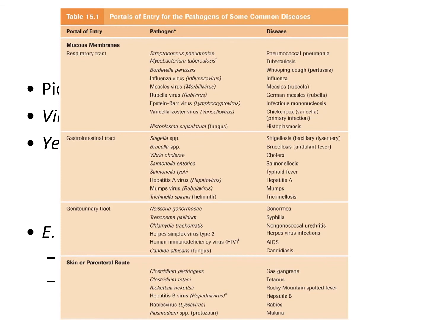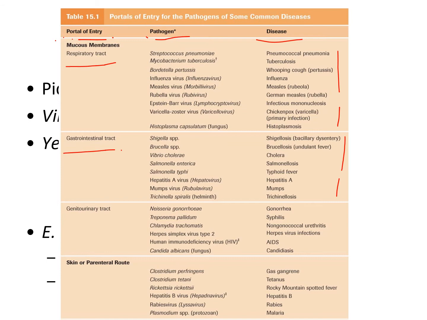This is a table from your book which correlates different portals of entry and shows you which pathogen uses those portals and the disease the pathogen causes. And it starts with the most common portal of entry, the mucous membranes in the respiratory tract. And if you notice, most of these are respiratory diseases, of course. Then the gastrointestinal tract is the second most common.